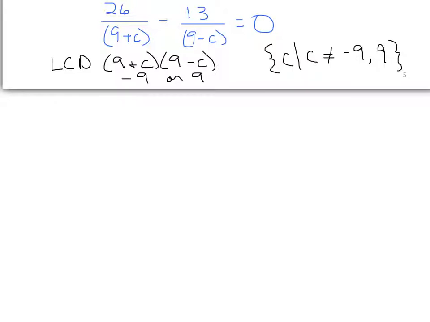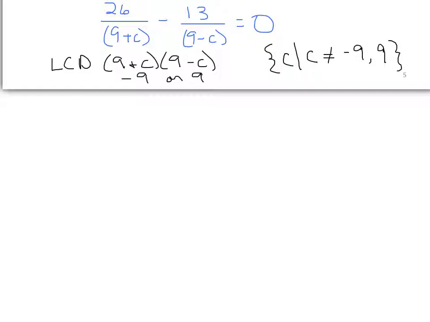So now we multiply. We go through this again and do what we did before, or let's do it in such a way that if we multiply everything by the least common denominator, what happens? This is the same thing we've been doing, but it looks a little differently.